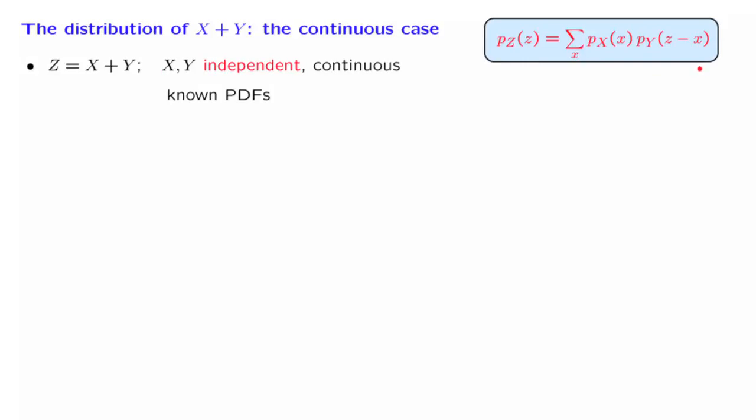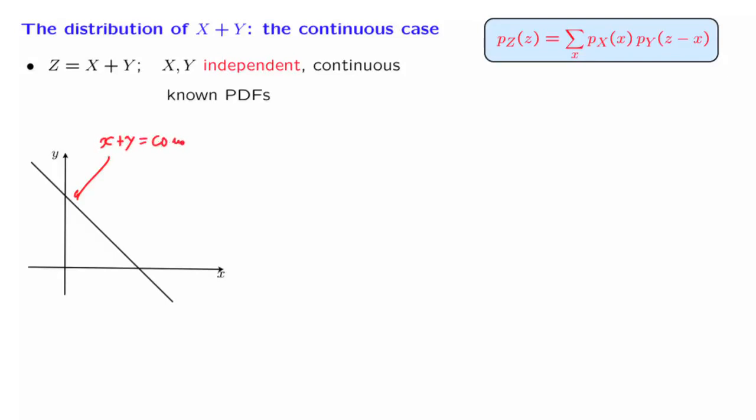This convolution formula corresponds to a summation over all ways that a certain sum can be realized. In this picture, these are all the ways that a sum of 3 can be realized. In the continuous case, the different ways that a constant sum can be realized corresponds to a line. So this is a line in which x plus y is equal to a constant.